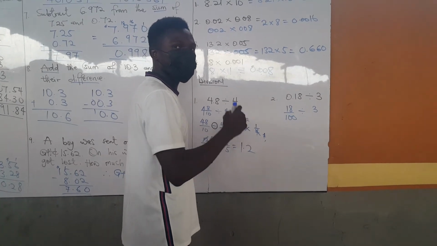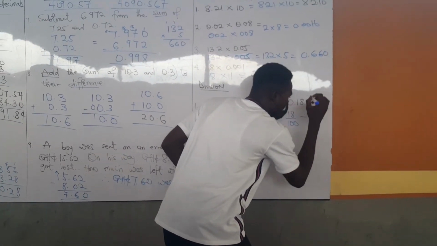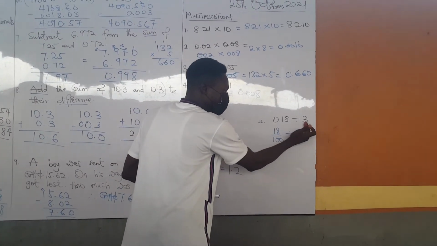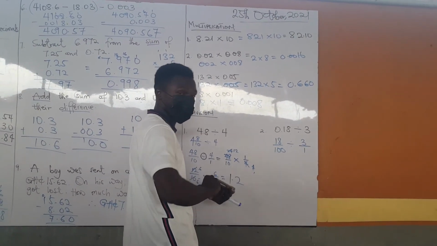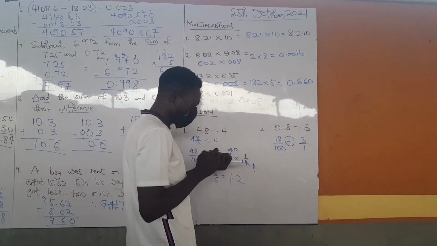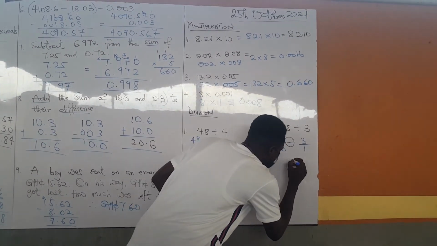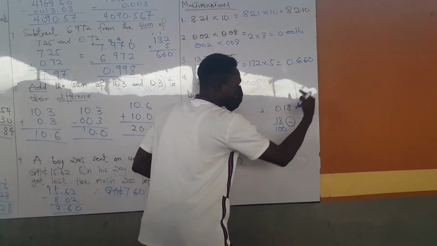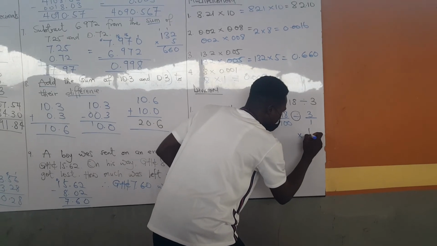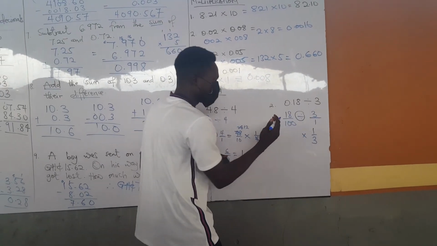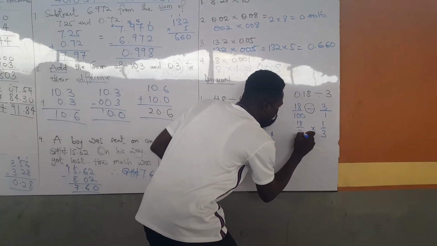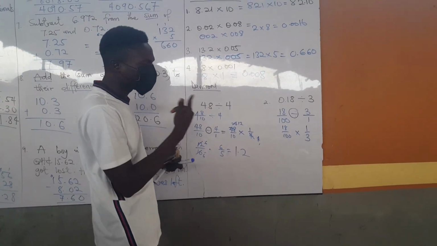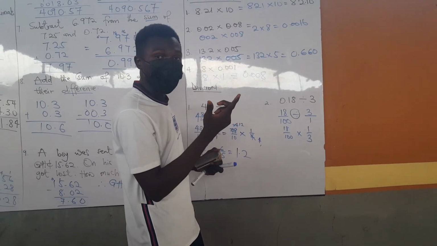We were told that every whole number is over 1. Now this looks like a fraction, this also looks like a fraction. So the division sign will change into multiplication. When this changes to multiplication, it will affect the fraction on your right. That is, you are going to write the reciprocal of it. But this one, over 100, won't be affected. Then you ask yourself, can I simplify? If yes, you go ahead.